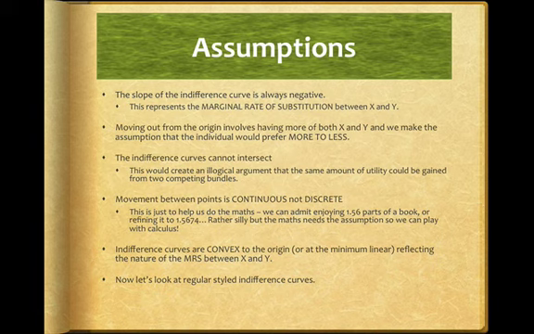We also make the crazy assumption that movements between the points on an indifference curve are continuous, not discrete. Now, this is just to help us do the maths. Perhaps we could admit to enjoying 1.56 parts of a book, but when we refine it to 1.5674, i.e. as a continuous movement, it becomes rather silly.